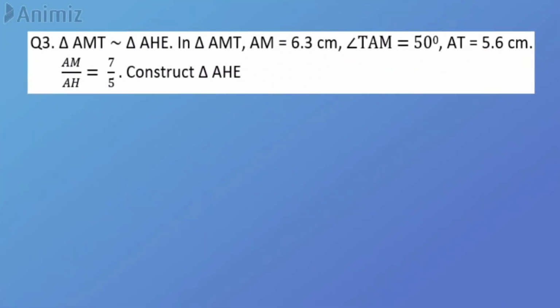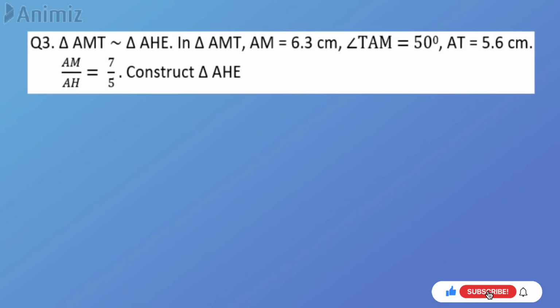Students, let's solve one more sum. Triangle AMT is similar to triangle AHE. In triangle AMT, AM is given 6.3, angle A is given 50 degree, AT is given 5.6 centimeter. Along with that, AM upon AH is given 7/5. Now here the numerator is larger, but in the previous sum, the numerator was smaller.